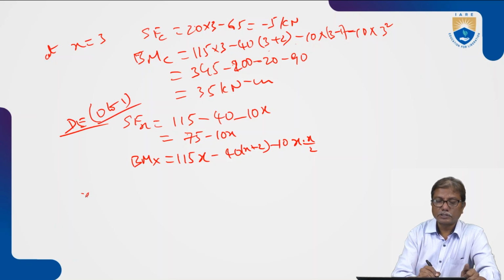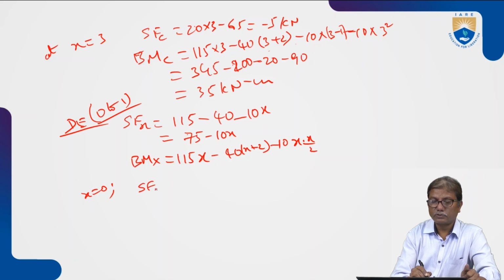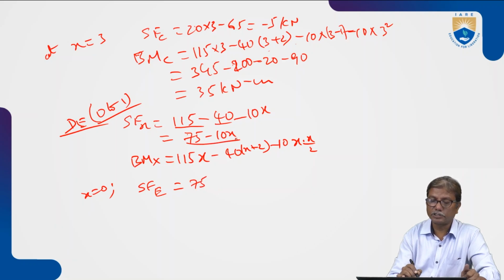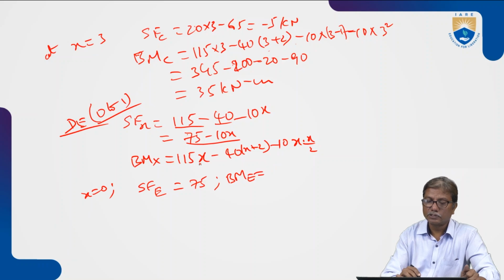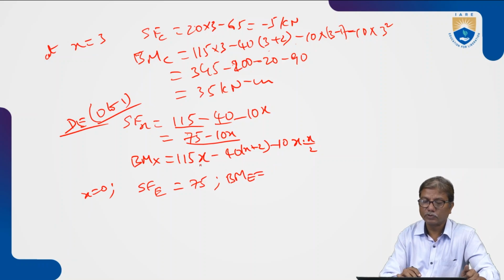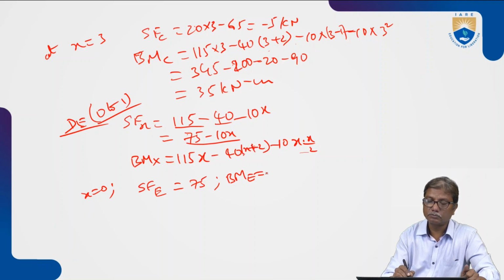So substituting x equal to 0, you will get shear force at E as 115 minus 40, 75, from this equation. And bending moment at E is equal to, this is 0, this is also 0, and 40 into x plus 2, isn't it? 0 plus 2 minus 60.